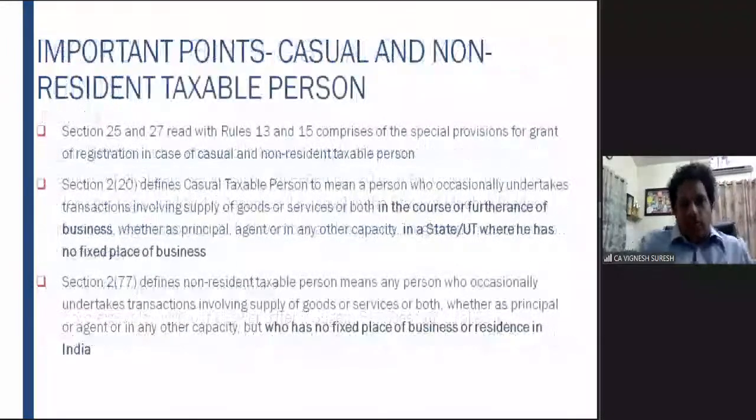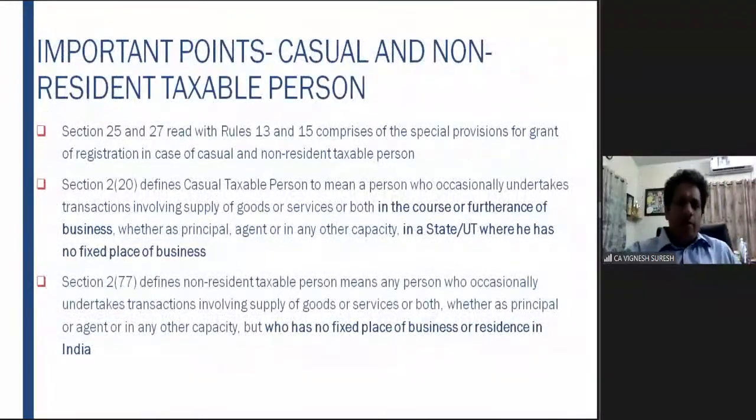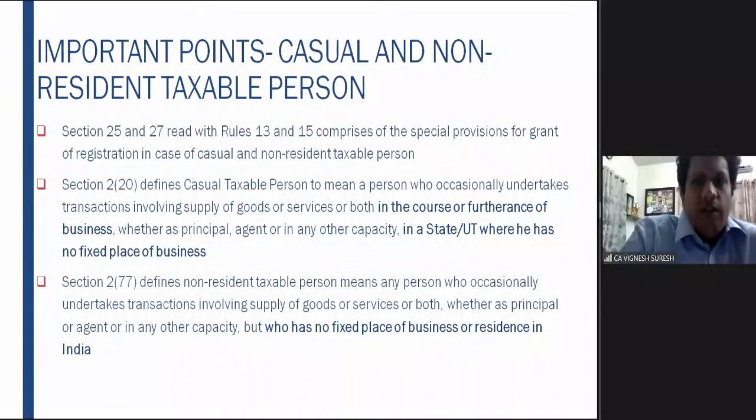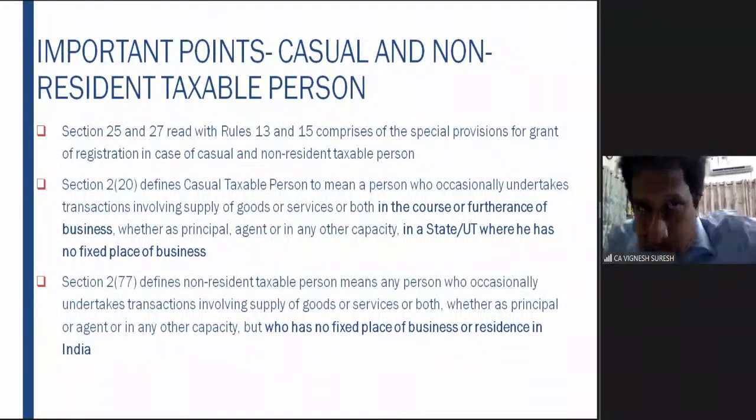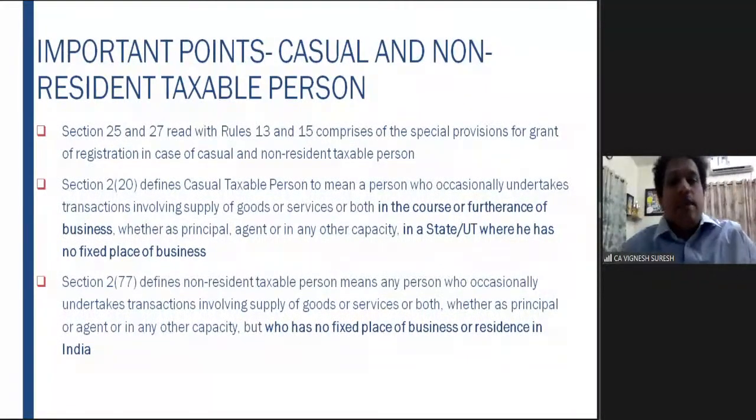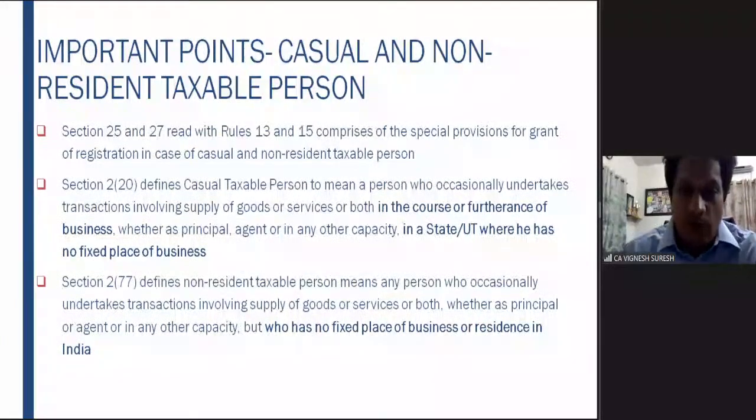Now, rules 13 and 15 (sections 25 and 27): special provisions for grant of registration in case of a casual and non-resident taxable person. As we discussed before, a casual taxable person means a person who occasionally undertakes transactions involving supply of goods or services in the course of business in a state where he has no fixed place of business.